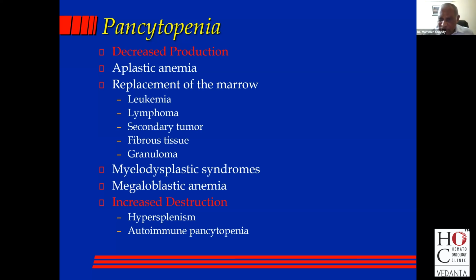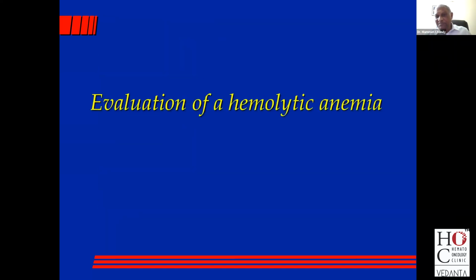Next, the bone marrow is full of cells, but they're not working: myelodysplastic syndrome. Next, bone marrow again, chock-a-block full of cells, but there's pancytopenia: megaloblastic anemia. And two rare causes of a pancytopenia are peripheral destruction due to hypersplenism or, rarely, an autoimmune pancytopenia in SLE. So this is how you approach a pancytopenia.